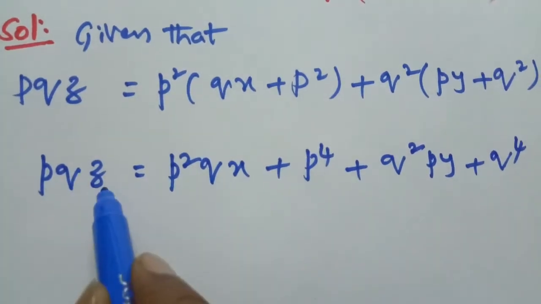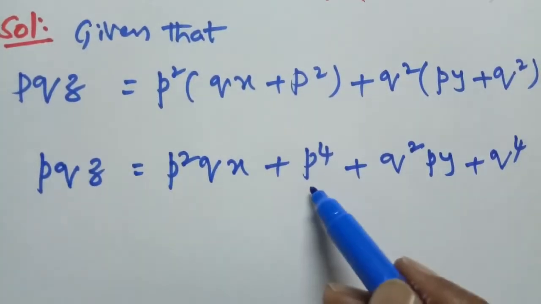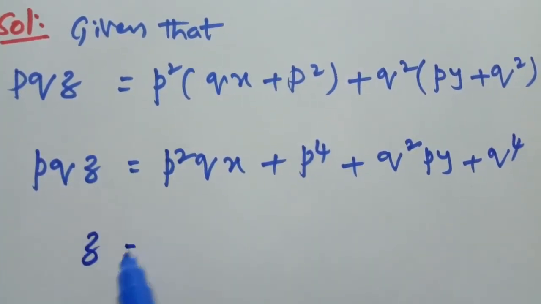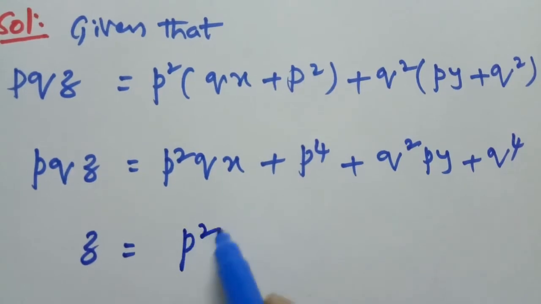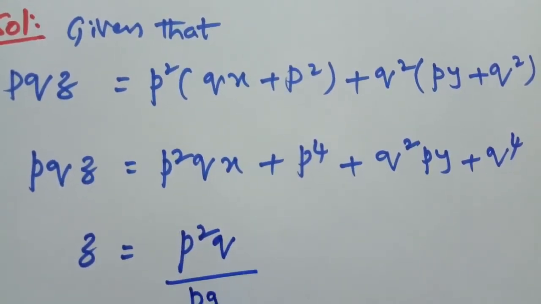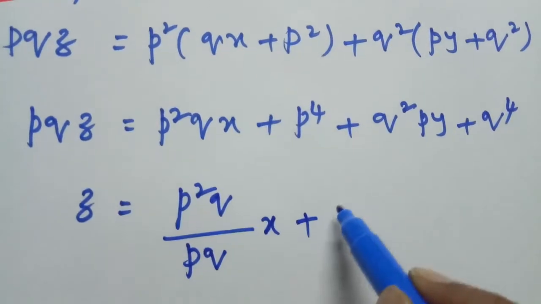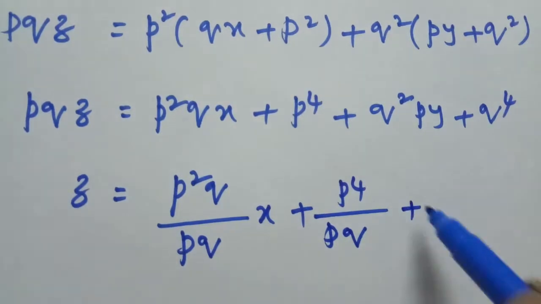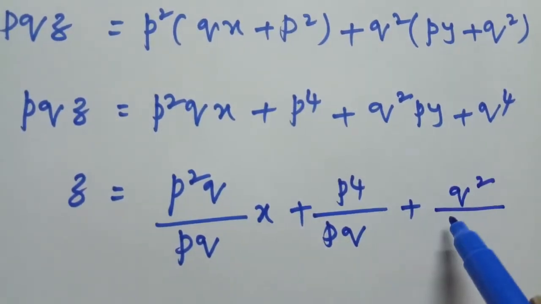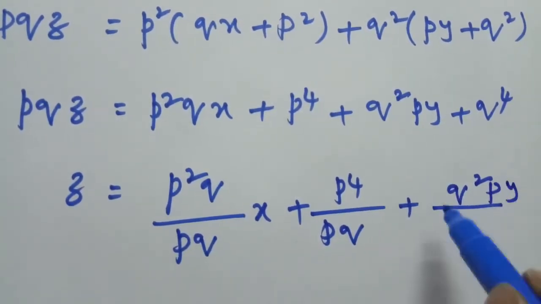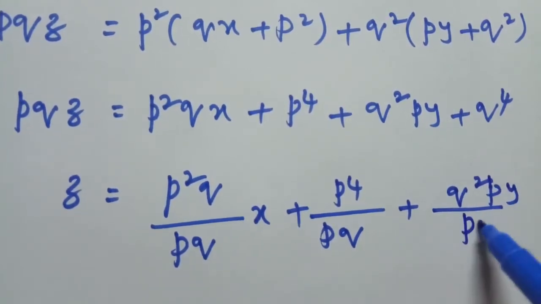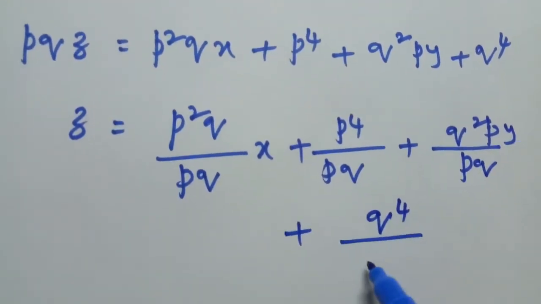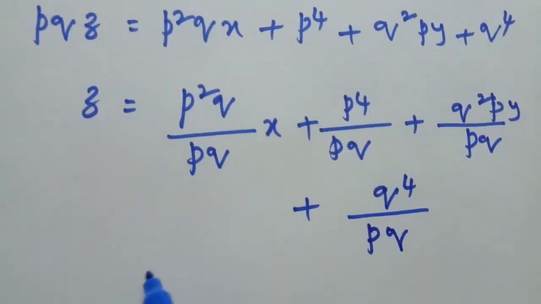Here pq is multiplying the quantity z. Therefore, if we change this pq from left to right, it divides: p square q by pq plus p power 4 by pq plus q square into py by pq plus q power 4 by pq.